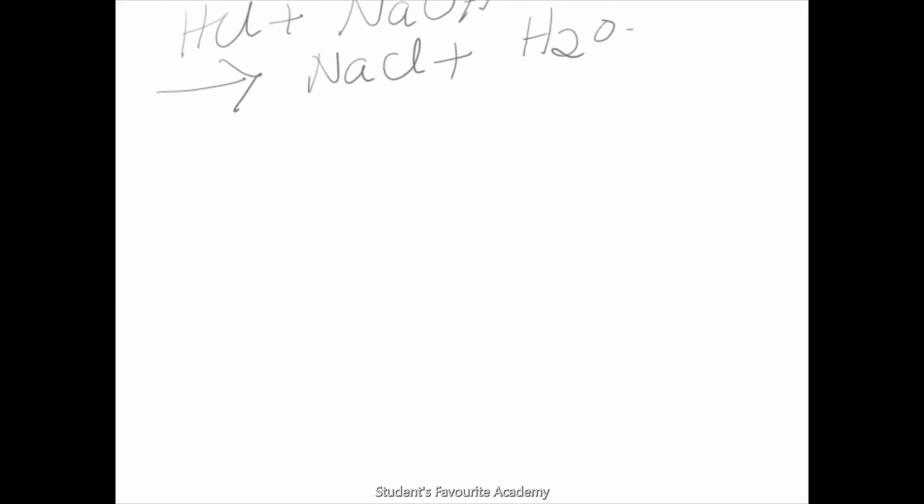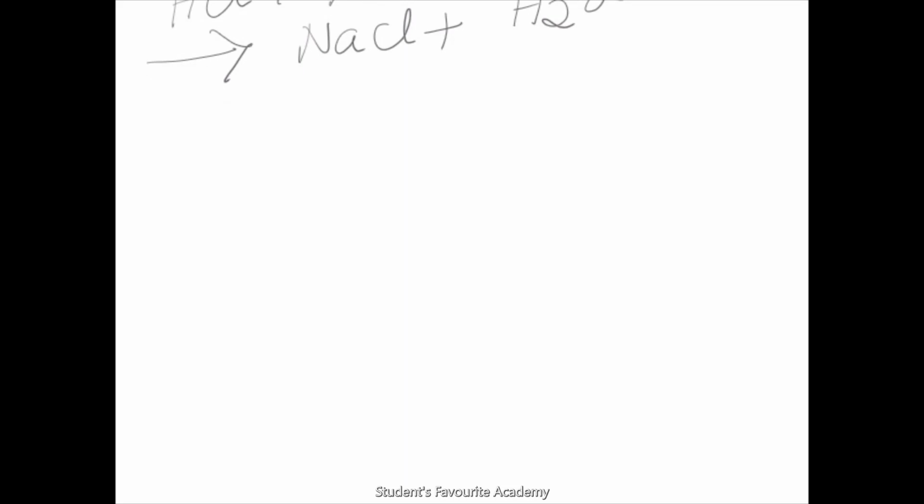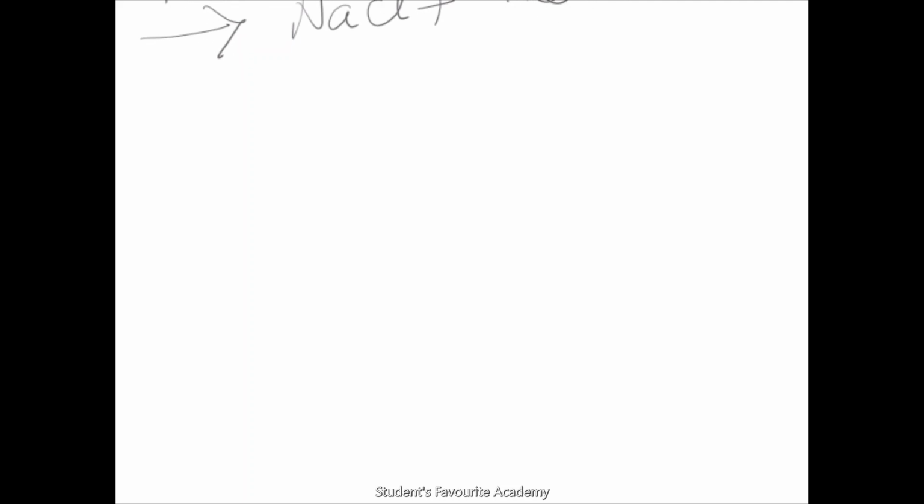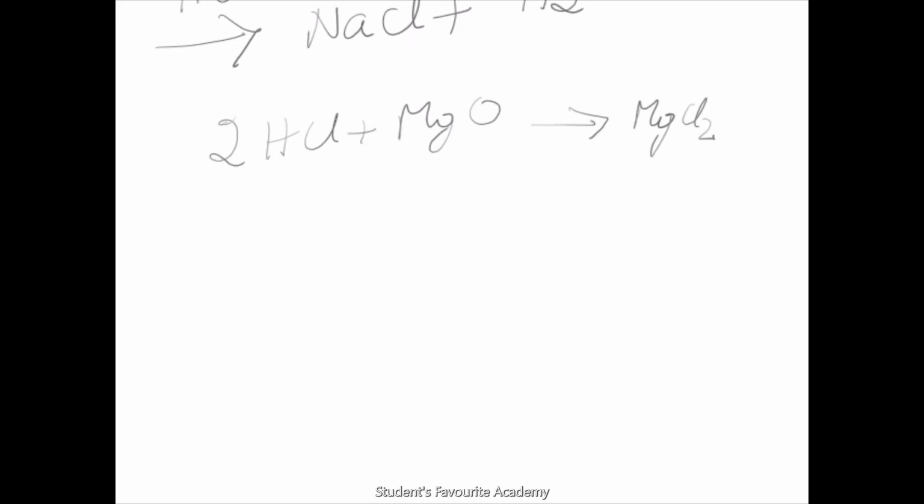Okay, clear? Then the next method of preparation of salts is neutralizing an acid with an insoluble base. Insoluble bases, which are not alkalis, are metallic oxides. So hydrochloric acid plus magnesium oxide gives magnesium chloride plus water.